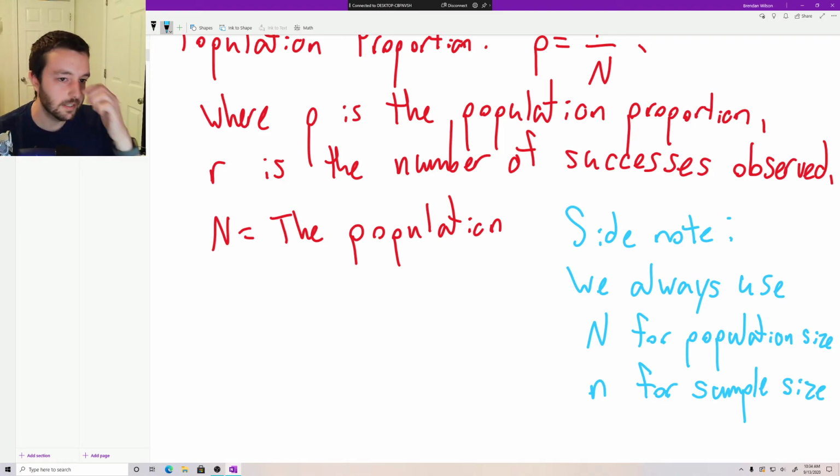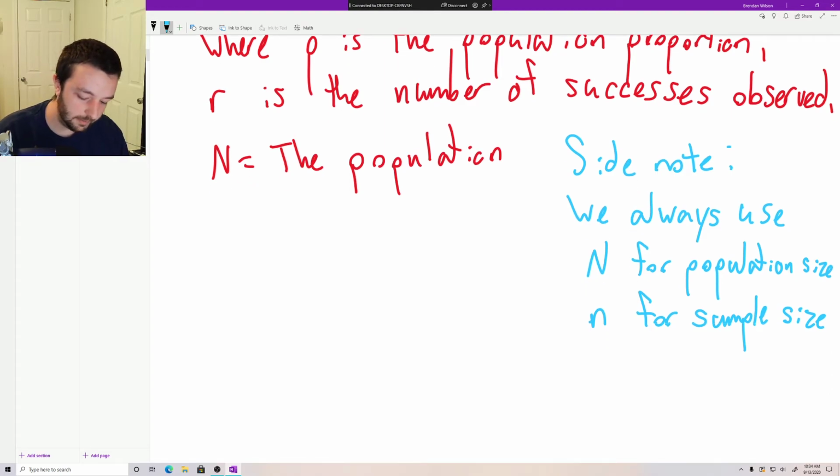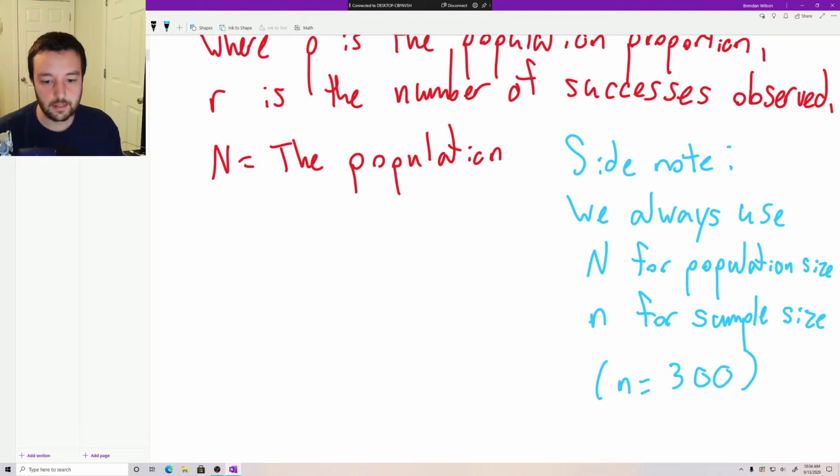So if you're ever reading a study, typically it'll have n equals 300 or something like that somewhere in the article, because that will tell you exactly how many people they did the study on. Okay, so this tells you how big their sample was.